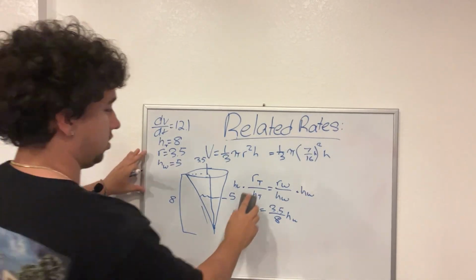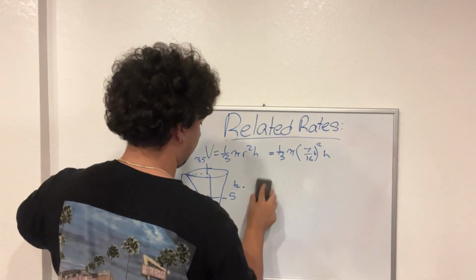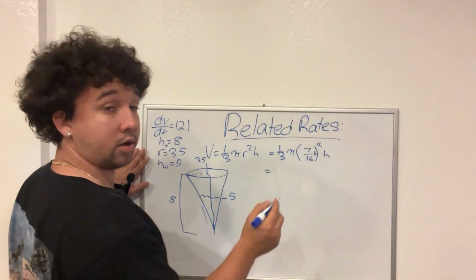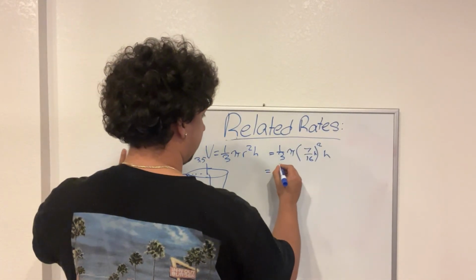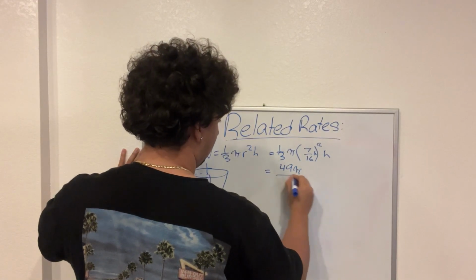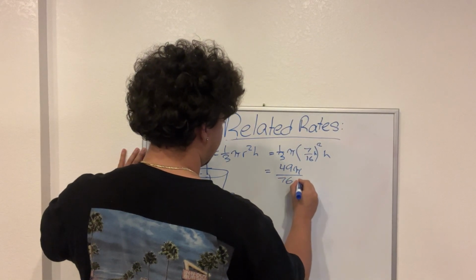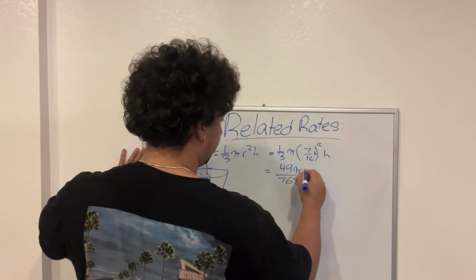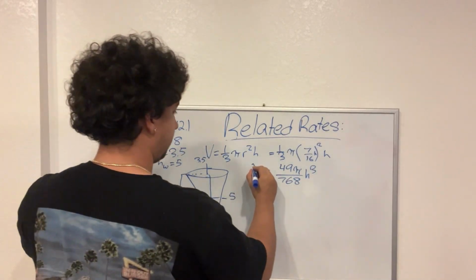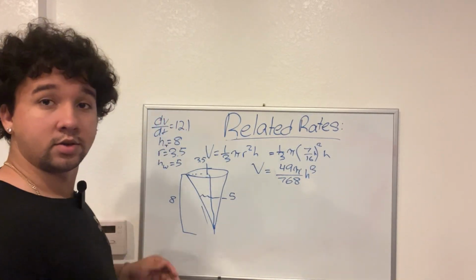Now I'm going to simplify. This is all going to end up equaling 49 pi over 768 h cubed for V. All right, so now we're set up.